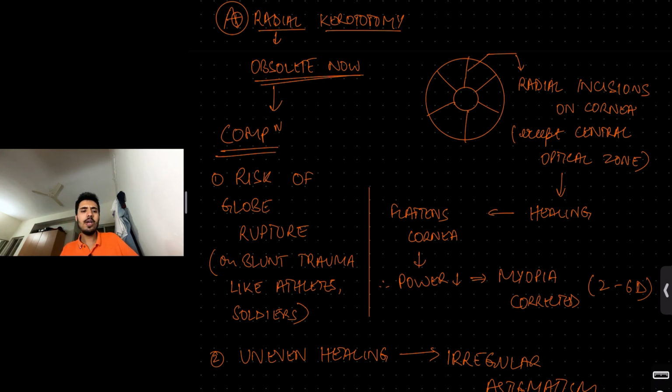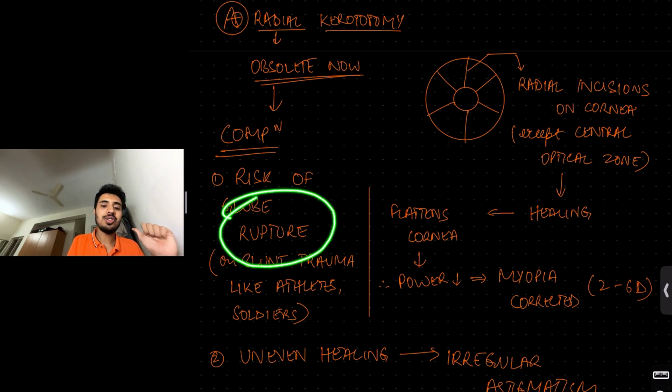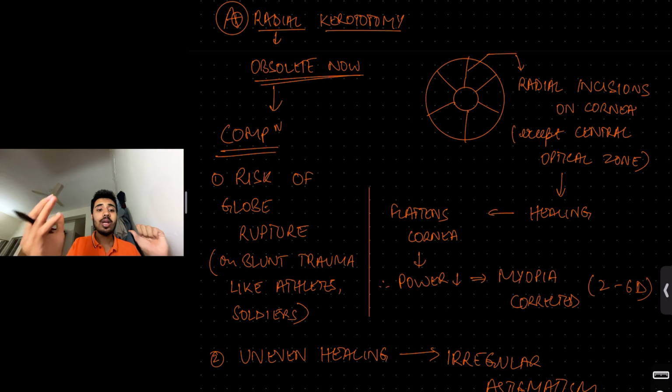But why don't we do it then if it is correcting myopia? Because of high risk of complications. You're making incisions on the cornea, so the cornea has become very weak. So there's a risk of globe rupture, especially in people who can get hit by blunt trauma, like athletes, like soldiers, etc. Understood? So that is one, risk of globe rupture in radial keratotomy.